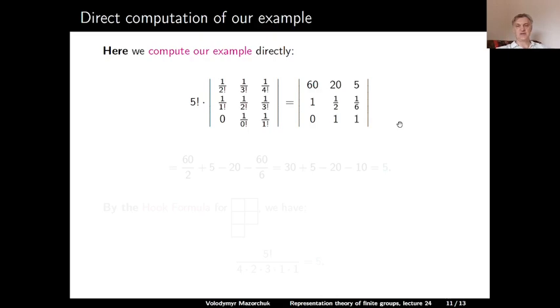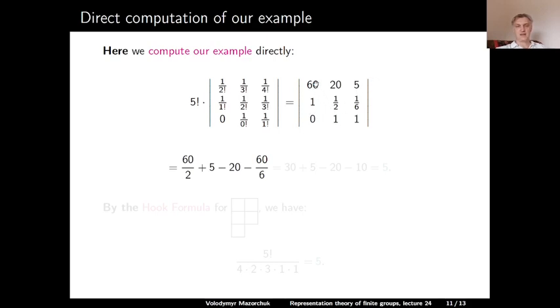So this is a 3 times 3 determinant, which we compute directly. The product of the diagonal elements is 60 times 1/2. Then we have the product of these 3 elements, which is 0. And we have the product of these 3 elements, which is 5, with the sign plus. And now the negative part of the determinant: the product of the elements on the second diagonal is 0 because of the 0.